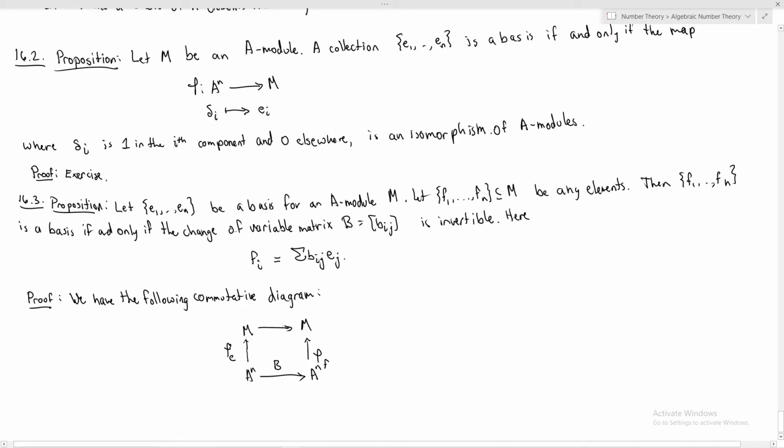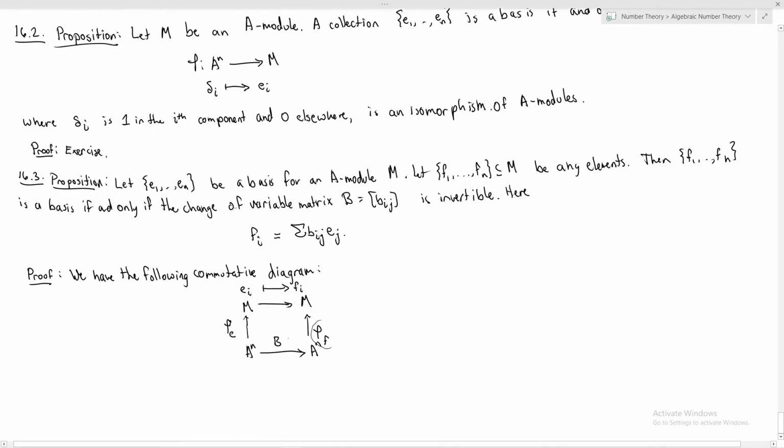Then you ask, okay, what is this top map here? The top map sends e_i to f_i. And if e_i is a basis, this will be a well-defined morphism. For f_i to be a basis, I guess first you need to check that this actually commutes. So check the diagram commutes.